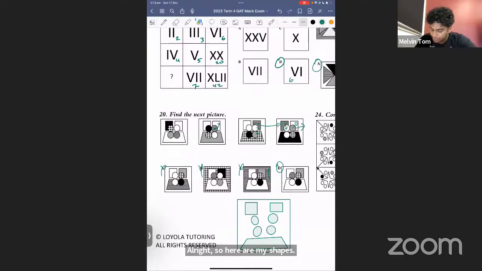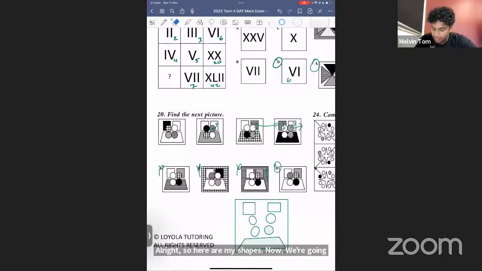Now, what we're going to do is fill it out. We're going to start off by focusing on this black here. The black starts off at the top left. So it starts off 1, then it goes here 2, then here 3, and then here 4. Once it reaches this bottom part, we don't know what's going to happen next.